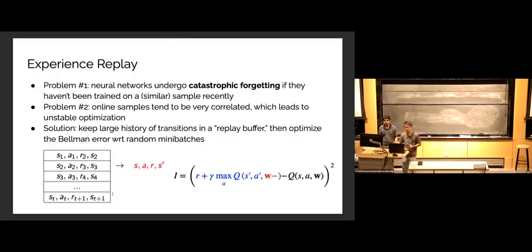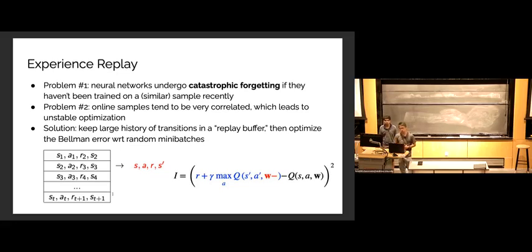Another trick is experience replay. As I mentioned before, Q-learning is an off-policy method, which means we can collect the state, action, reward, and next state tuples and reuse all these samples. Also, online samples tend to be very correlated, and this can lead to unstable optimization.